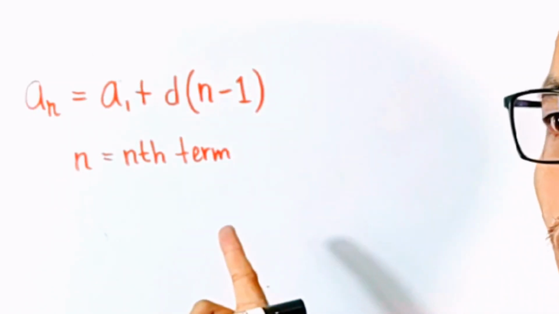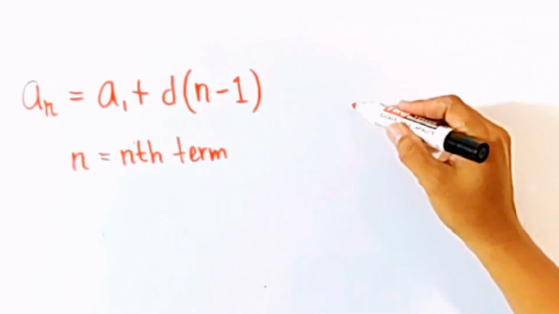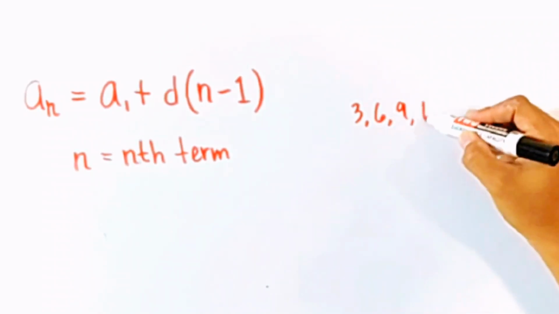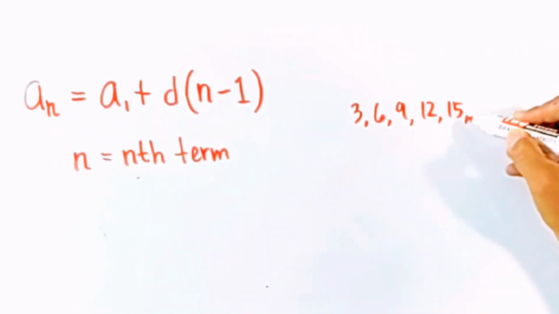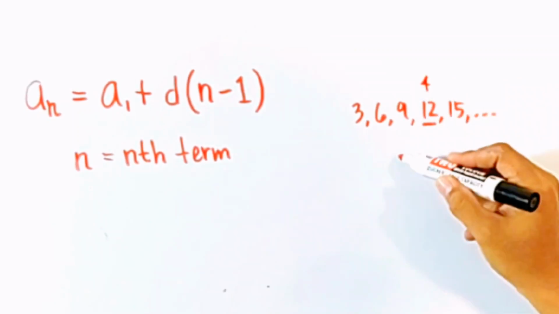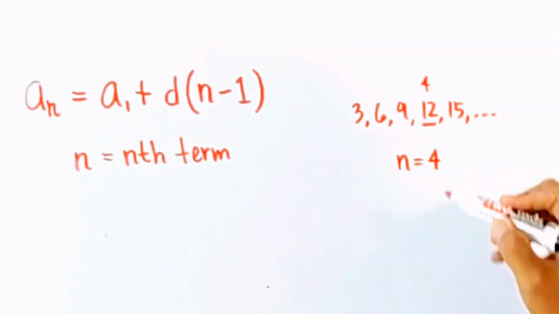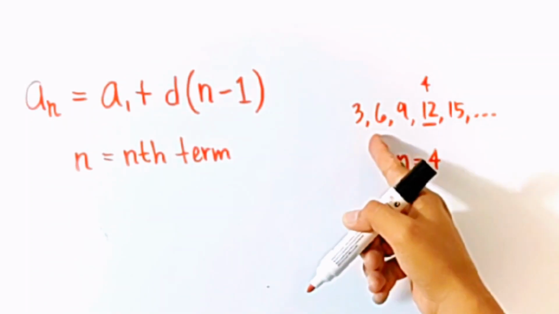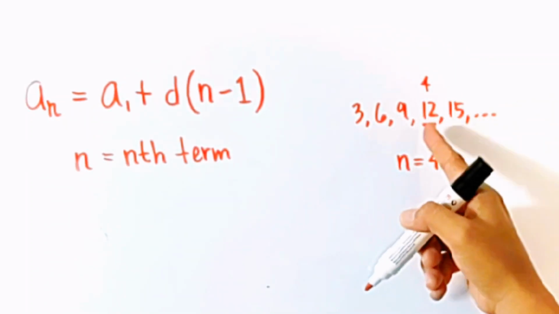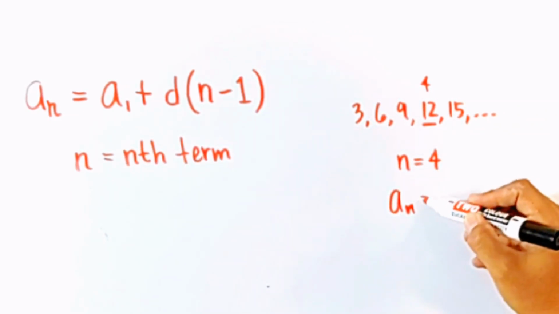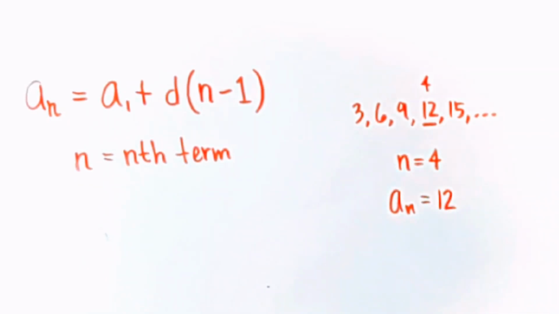That value can be found if we have an example of 3, 6, 9, 12, 15. The value of n should not be 12. This should be 4: the first, second, third, and fourth. So this value 12 should be the term that we need to solve.